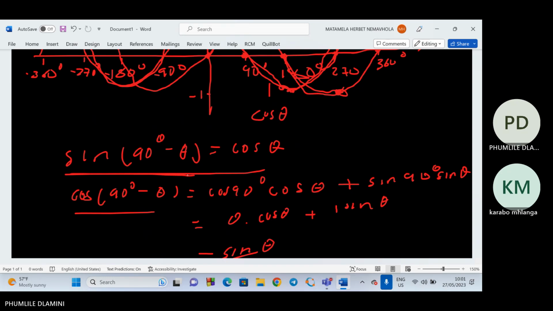So we're going to move to when it is 180. 180 and going forward is simple. So let's go to sine.